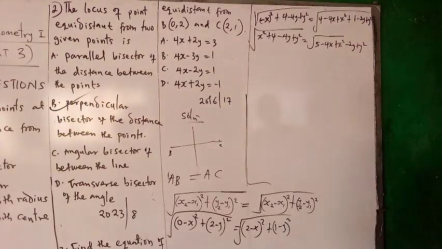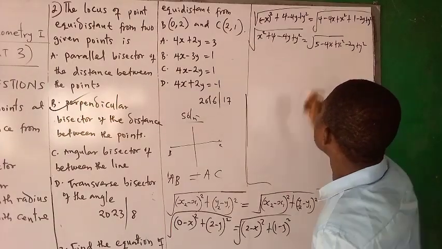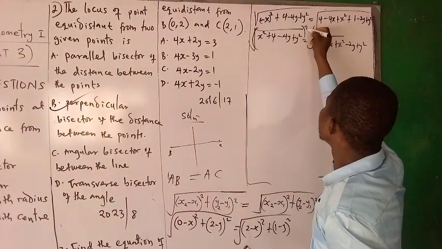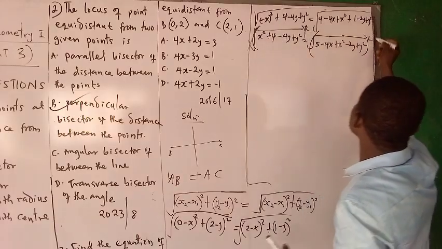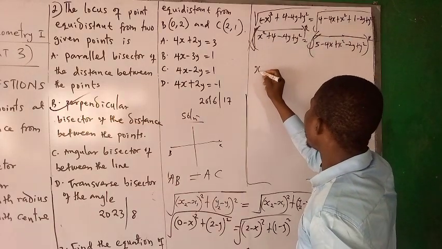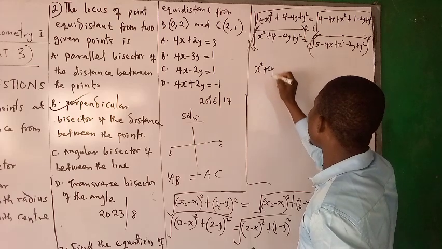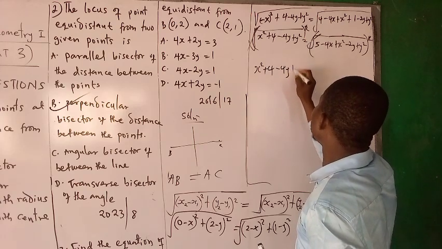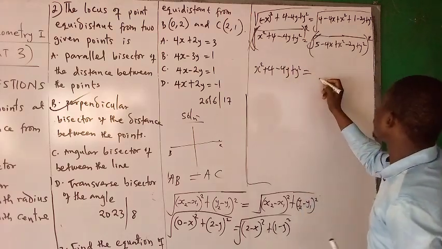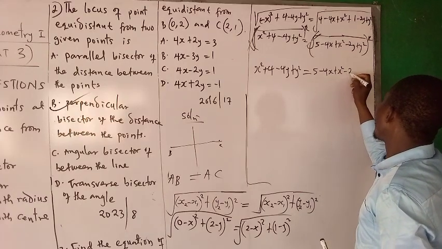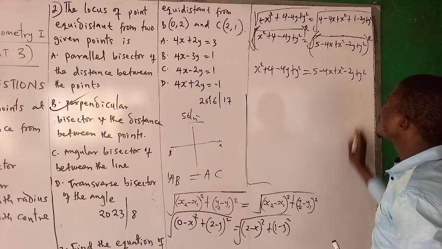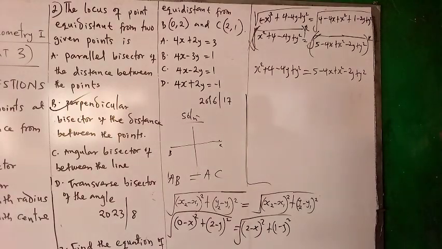Then what we'll do here, you take the square of both sides to remove the square root. So square both sides. This cancels, this cancels. So what happens is x squared plus 4 minus 4y plus y squared equal to 5 minus 4x plus x squared minus 2y plus y squared. Now at this point you can collect like terms, right?